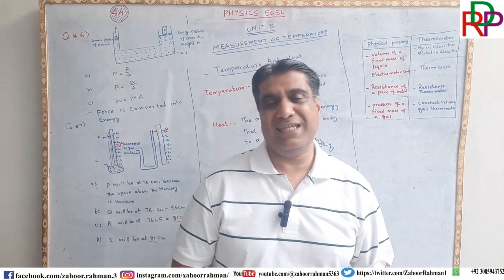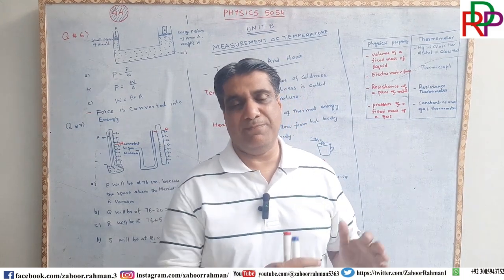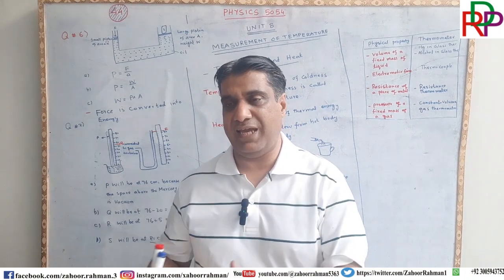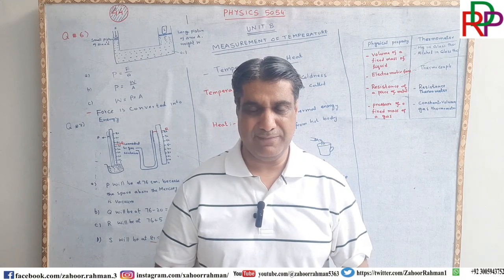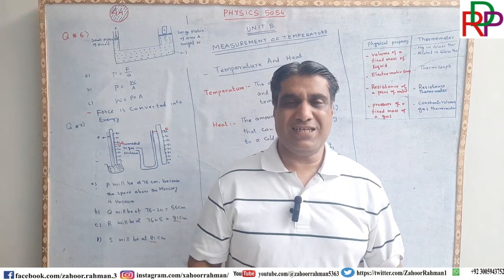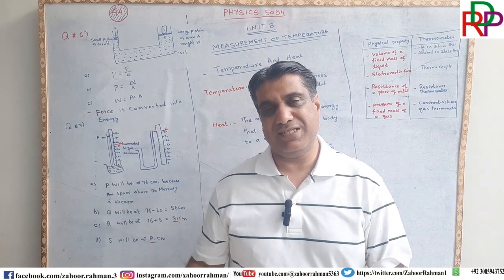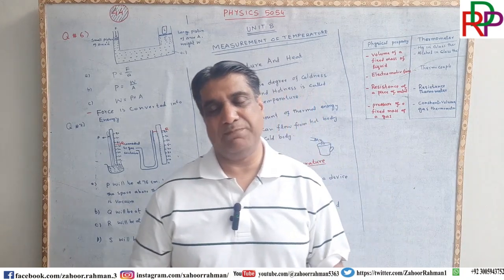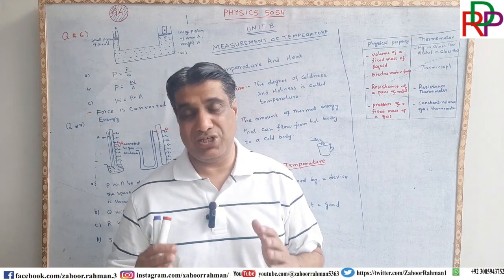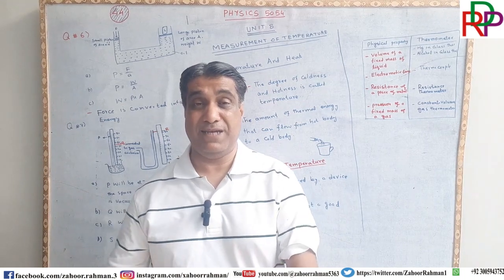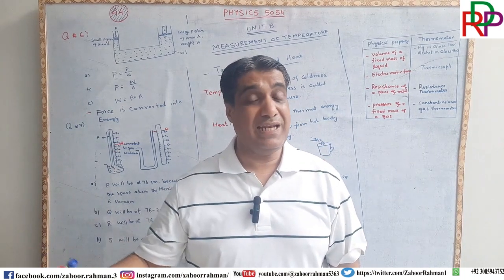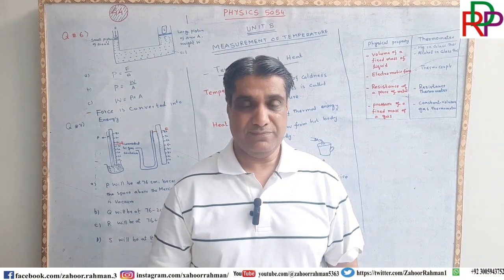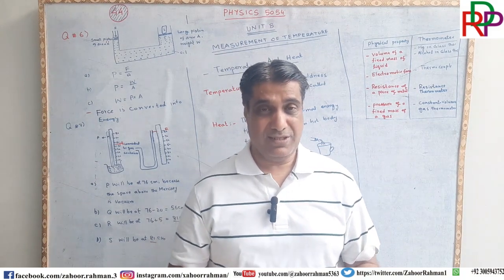Ladies and gentlemen, in science, temperature is one thing and heat is another thing totally different. What is temperature and what is heat? We will define that, but before that, temperature can be cold and temperature can be hot. But heat will never be cold. This is the main difference.